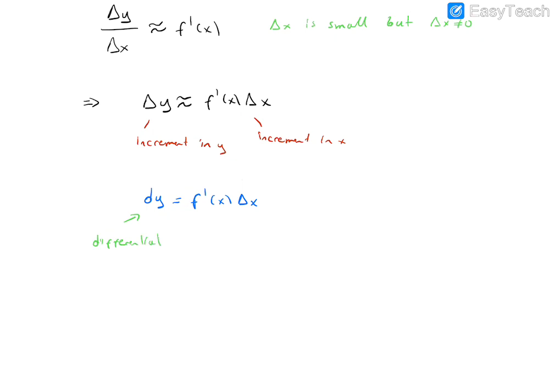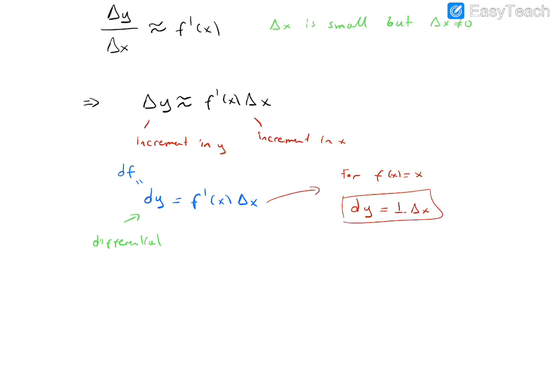In general, by considering the function f of x equals x, you can sense this easily. For the function f of x equals x, dy, also denoted df, does not matter, equals the derivative of f, which is 1, times delta x.